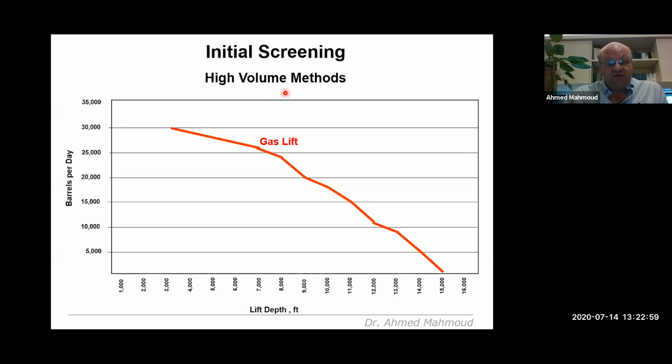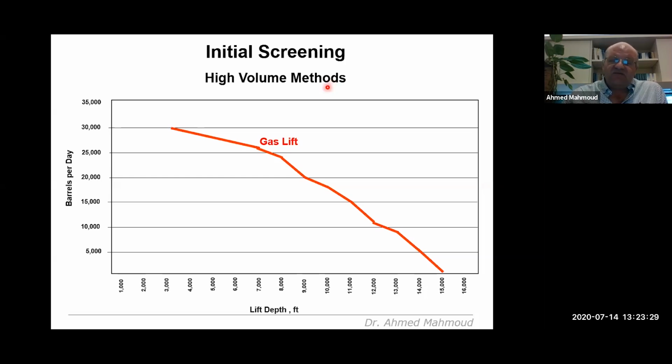That means I'm dealing with a field that can produce a lot of barrels of oil, meaning that it is at the limit which the gas lift can deliver, up to 30,000 barrels of oil per day. If I have these two criteria, then I'll be able to justify it, and I'll show you now in the next couple of slides why we need to have high volume and why we consider that gas lift is a high volume method.